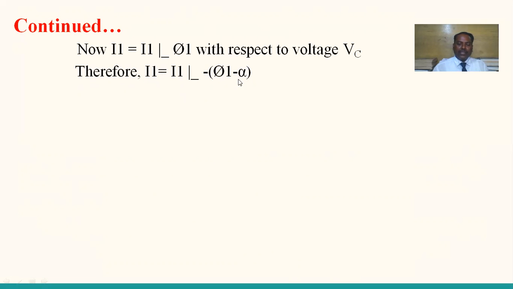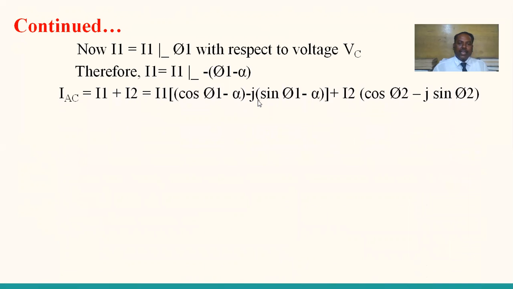Why? Because the loading point C has some phase angle with respect to the tapped current, resulting this can be written as I1 at an angle of minus (phi1 minus alpha).